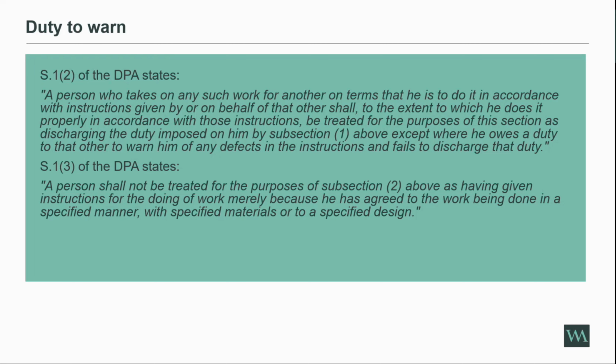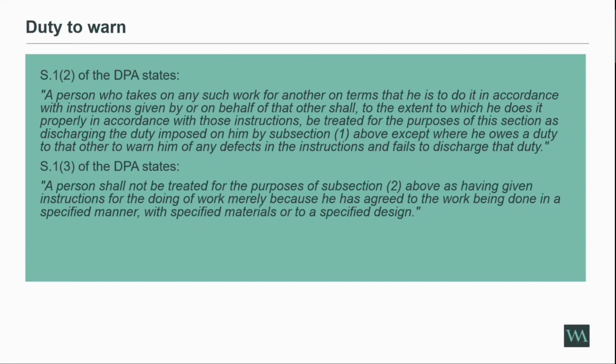Just finally, as I said, I wanted to touch briefly just on this duty to warn. Now, I won't go into great detail about it, but you can see obviously the wording of these sections on the screen there. And I won't read it out, but basically, in short, these sections do provide a possible defence to a DPA claim, effectively by saying that the defendant was just following instructions.